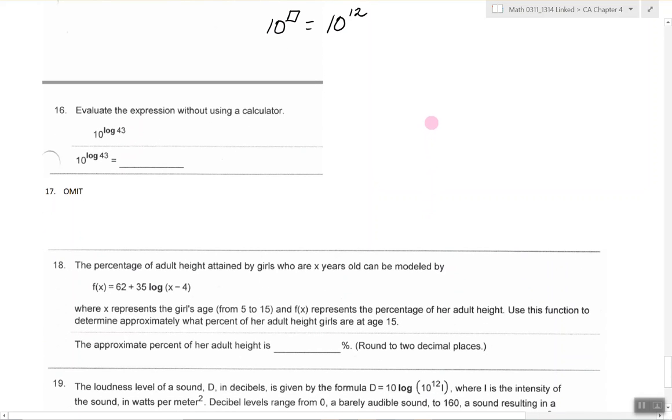The last one of those, we have 10 raised to the log base 10 of 43. This seems very strange. Let's write it in log notation.